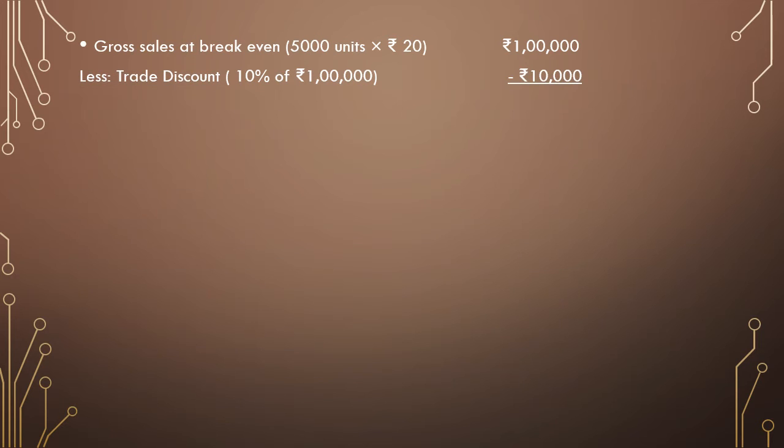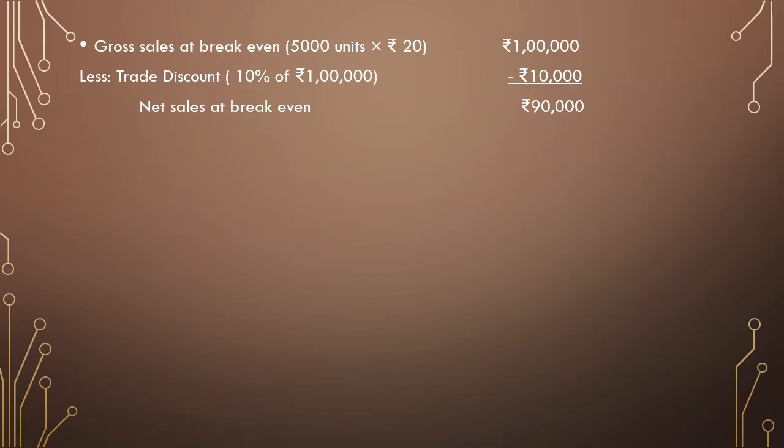So less trade discount, which is 10% of gross sales of rupees 1 lakh, we get the trade discount as rupees 10,000. By deducting it from the gross sales, we get net sales at break even. So we have got the new break even sales as rupees 90,000.